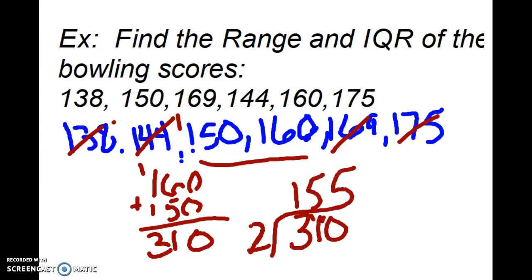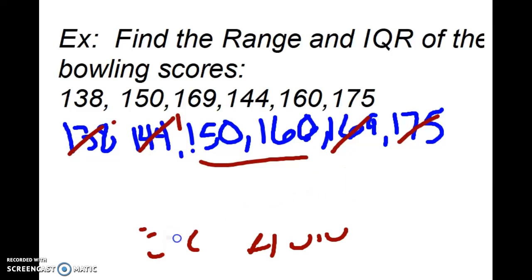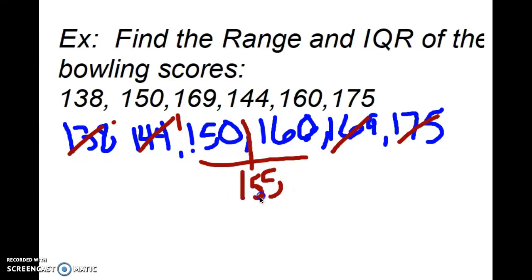So it's 155. Okay, so 155 is our median of our entire set of data. We also know this is quartile 2, which we didn't write down earlier, but quartile 2 is the median of your entire set of data.